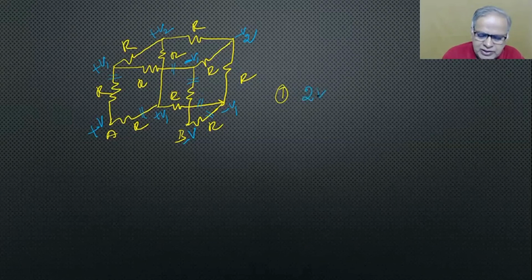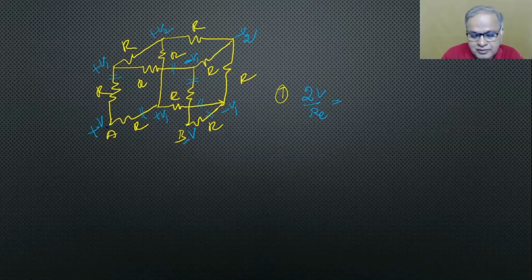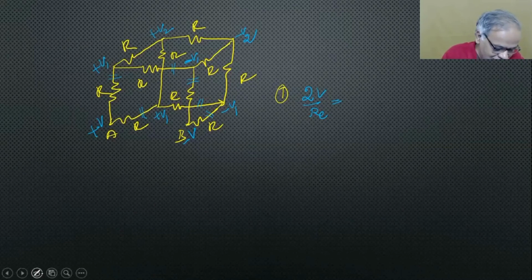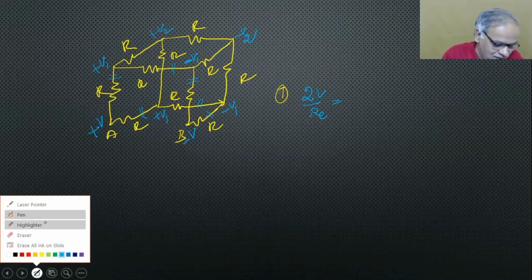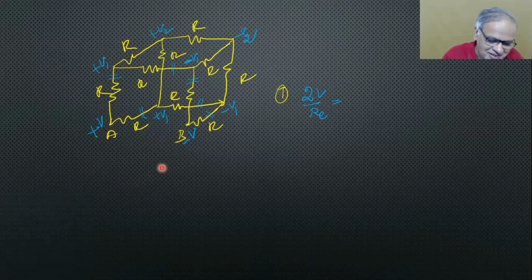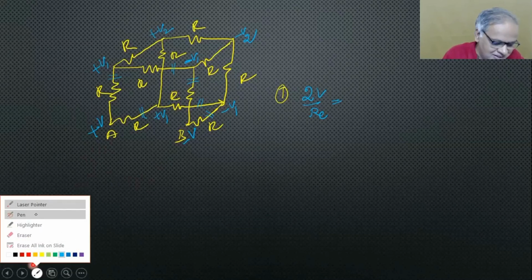2V by R effective, right? Sir, we are not joined. We are not joined from A to B. We join with a battery. That's why I was asking you children, you need to speak. If you speak, within 15 days you will be different. Why did you change? Sir, when we join the battery, then it passes through the resistance.